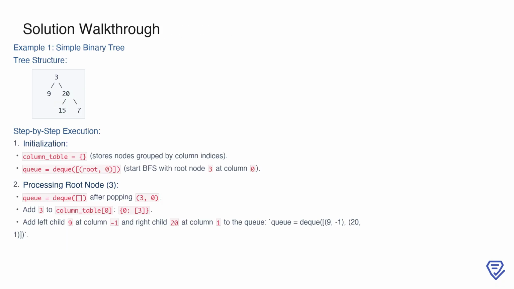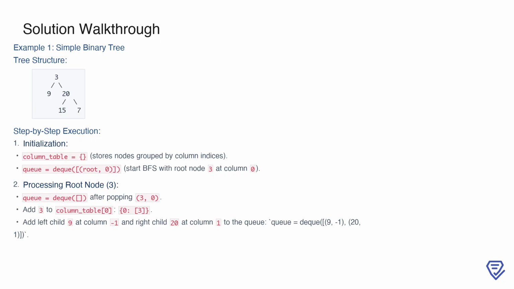To solve the problem of performing a vertical order traversal on a binary tree, we begin by initializing 2 key components. The column_table is a dictionary that will store nodes grouped by their column indices, and the queue is initialized with the root node and its column index. In this case, the root node is 3, which starts at column 0. Using a breadth-first search approach, we process the root node first.